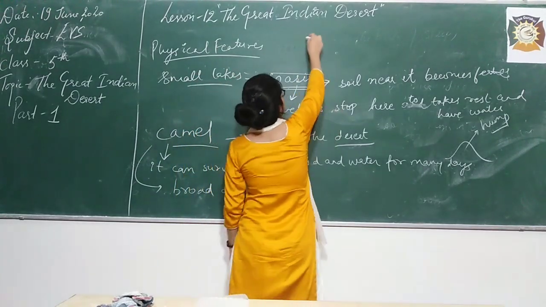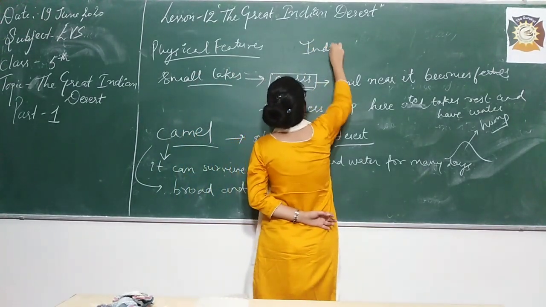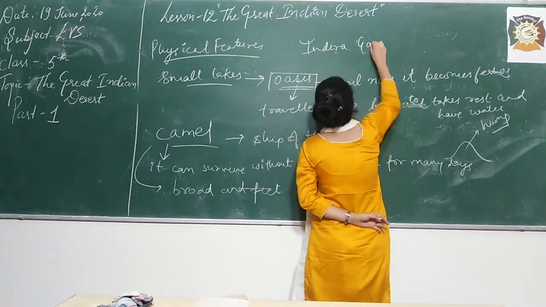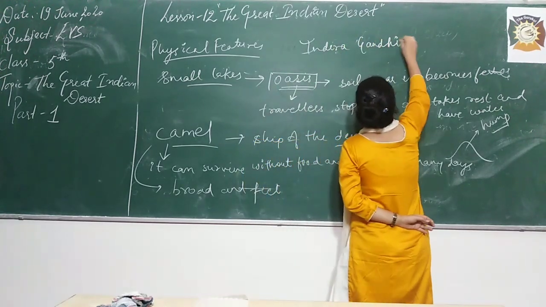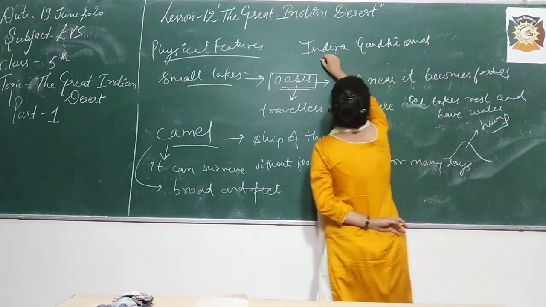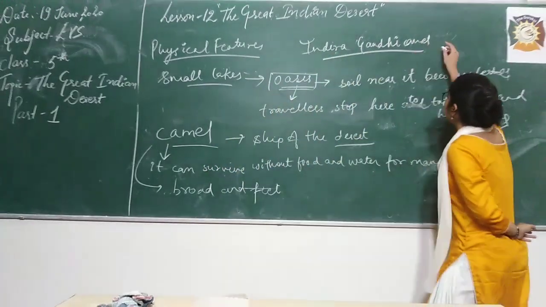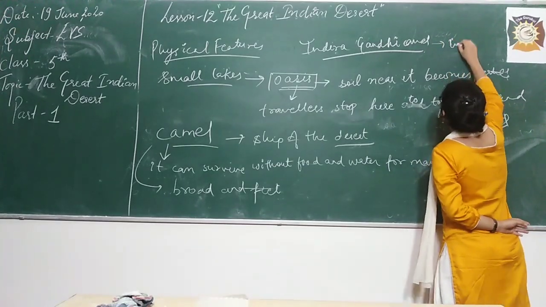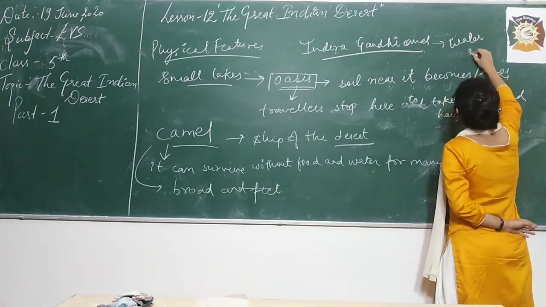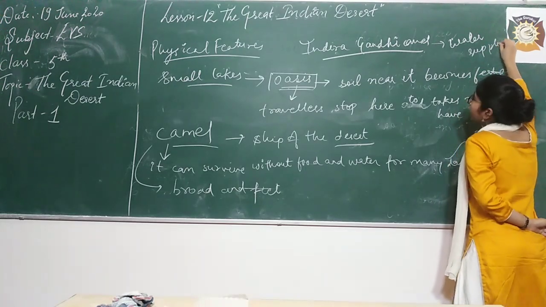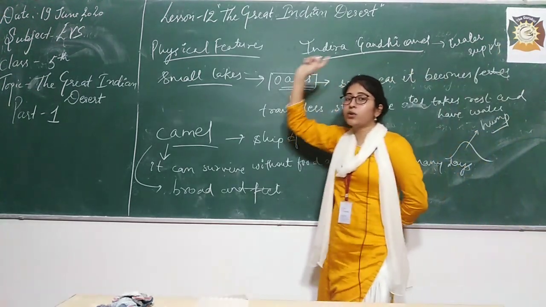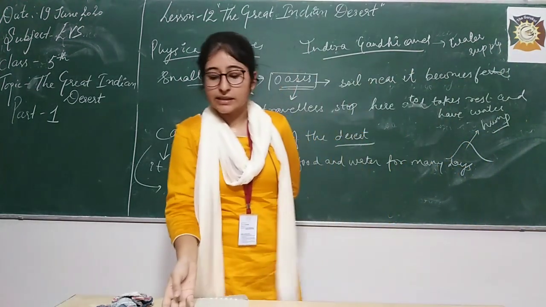The name of the canal is Indira Gandhi Canal. This is the major source of water for people living in these deserts. People get water supply from this canal, right? We will study some more things about this canal in the next chapter.